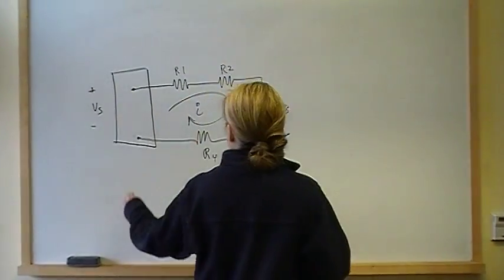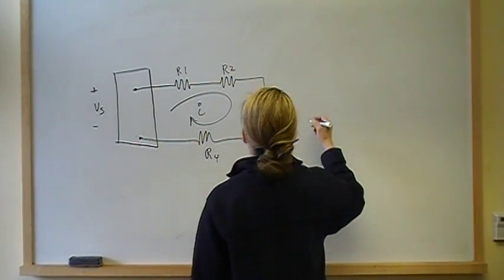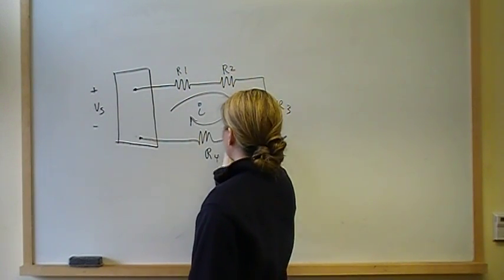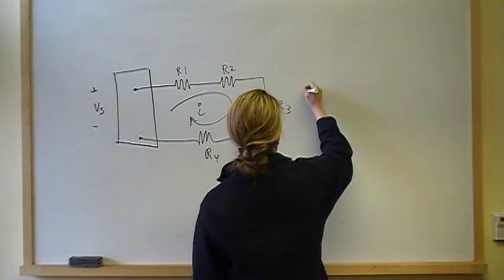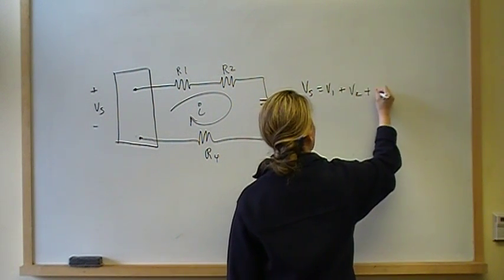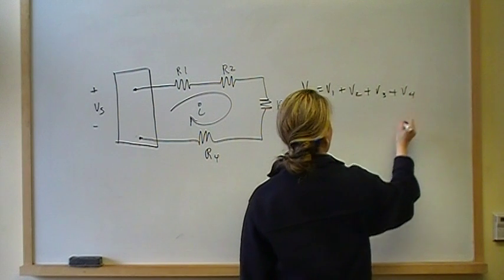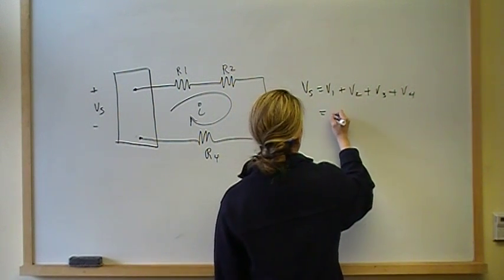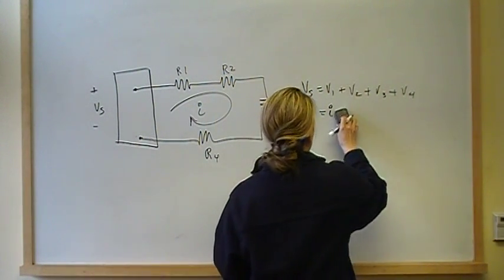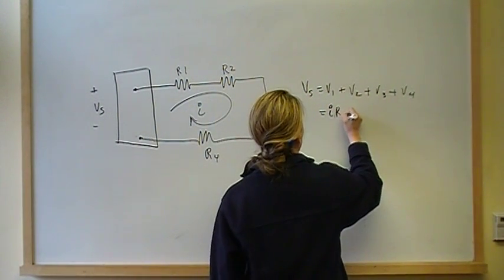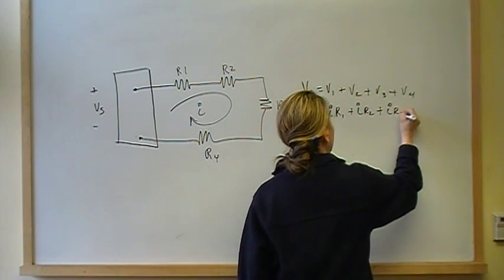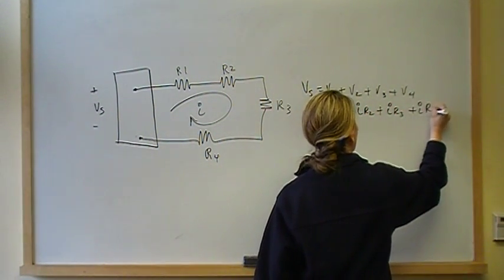So what does that tell us? Well, if we start with KVL, KVL says the sum of the voltage drops must equal the source voltage. So we have Vs is equal to V1 plus V2 plus V3 plus V4. Well, that's equal to IR1 plus IR2 plus IR3 plus IR4.